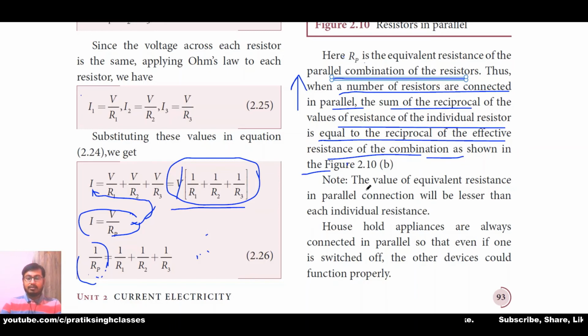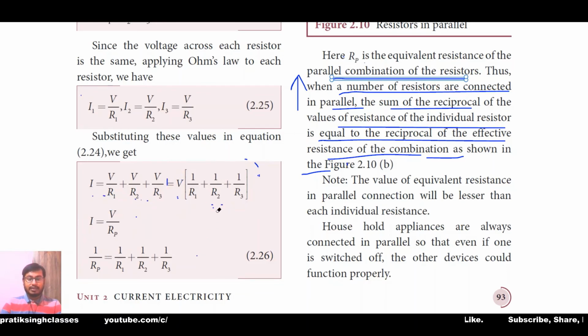Here what really happens is, if you find the total resistance of resistors connected in parallel, then the equivalent resistance in that situation will be even lesser than the minimum value of resistor connected in the circuit. Okay, so that is what is given here.